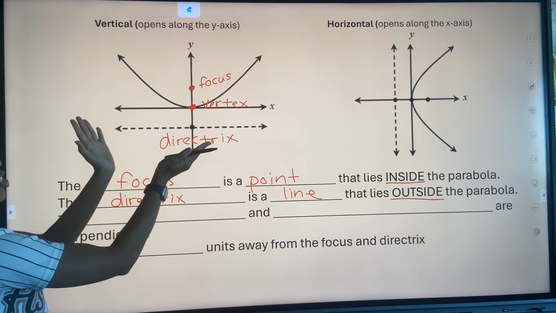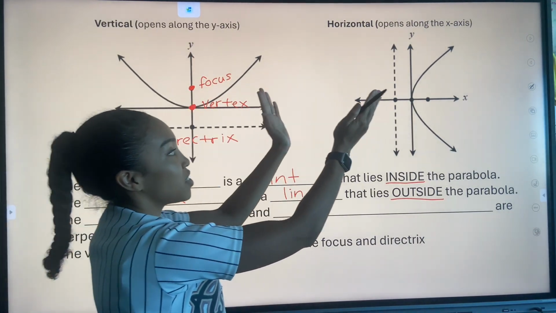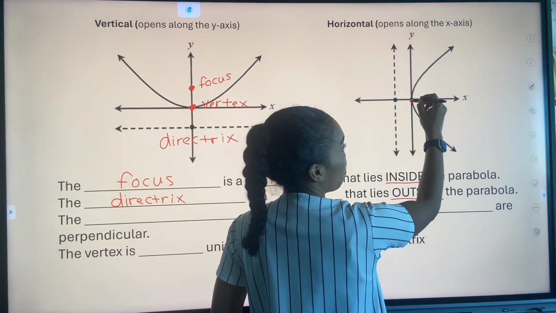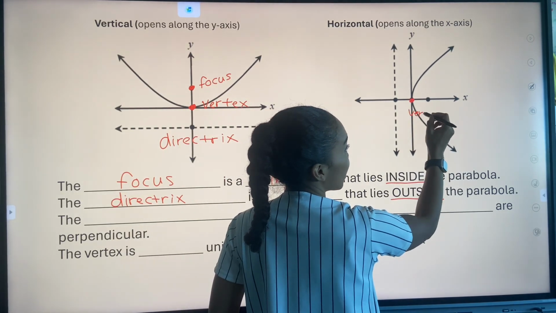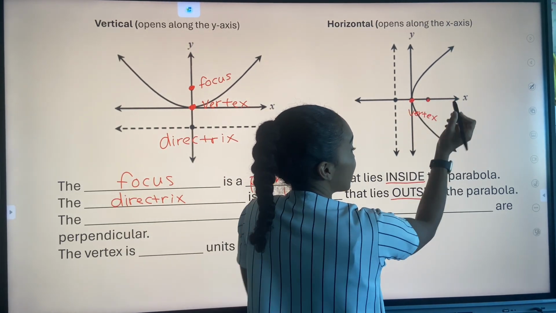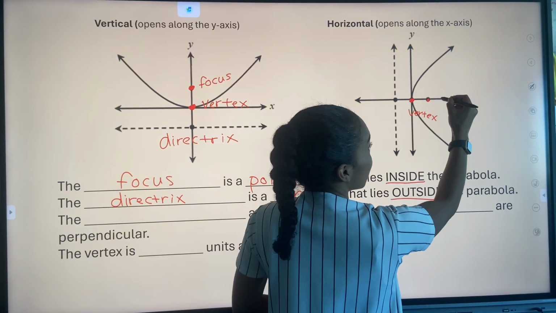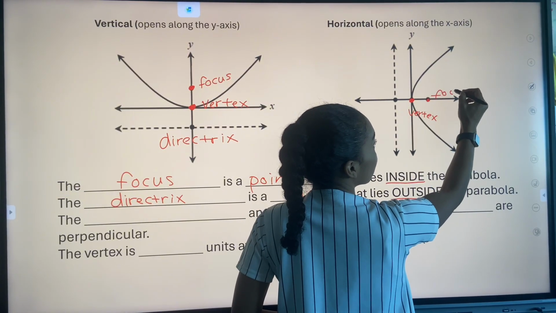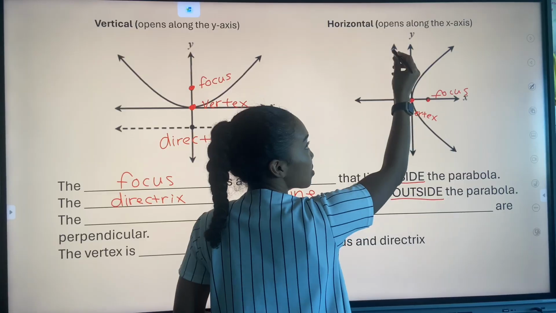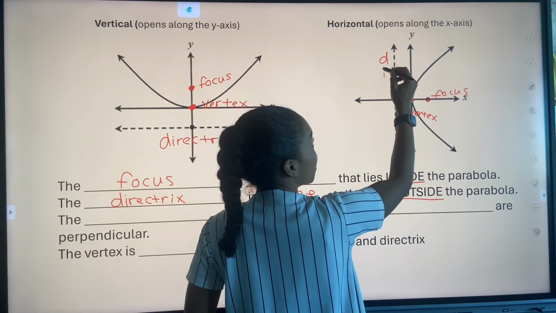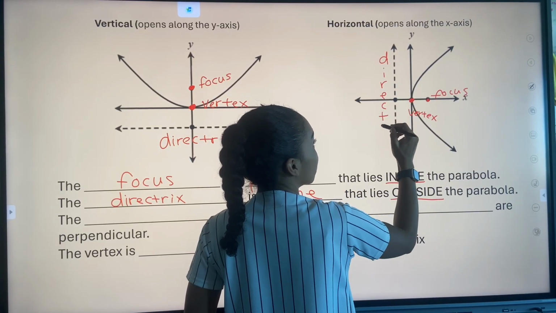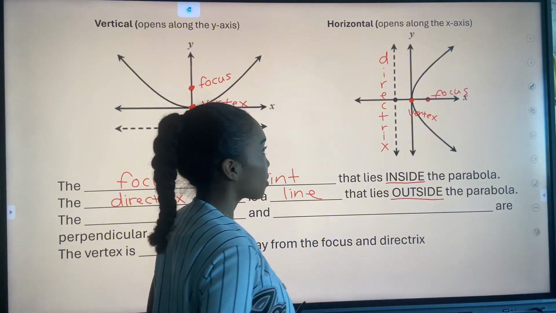And this information is the same even if it's facing horizontally. This point right here is still the vertex. This point inside of the parabola is the focus. And this line outside of the parabola is the directrix. Okay?